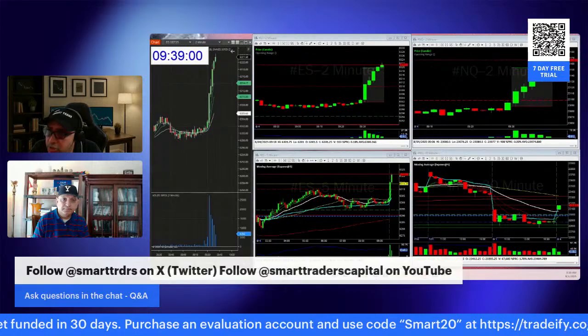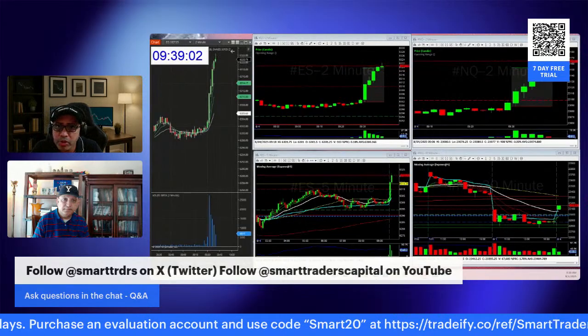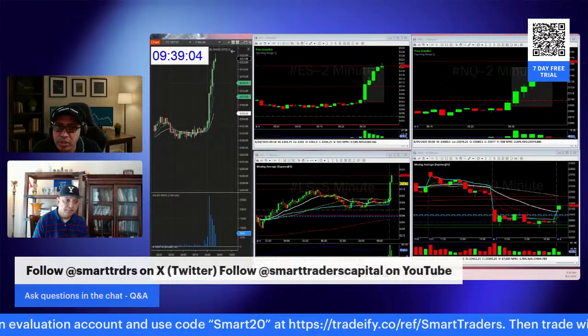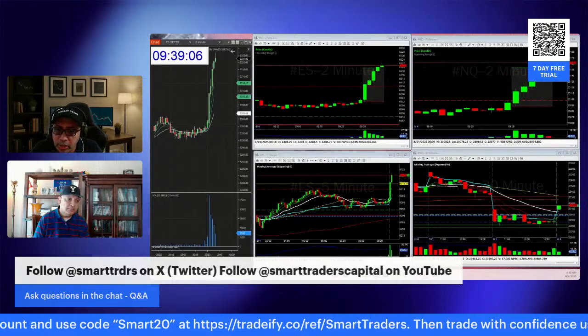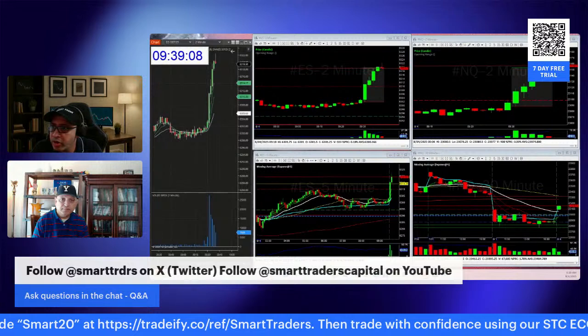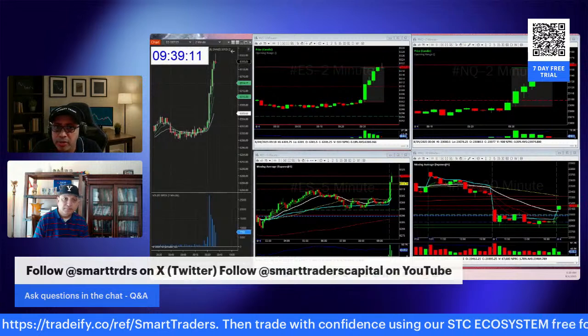I think there is a potential another 30 on ES. There is another indecision candle on NQ. Likely, it can run another 35 points, or it can be a rejection candle here.